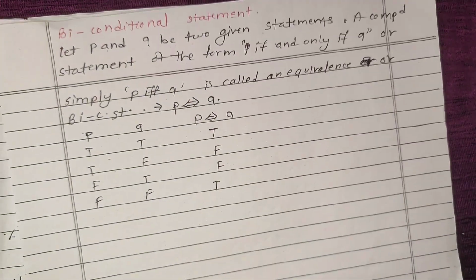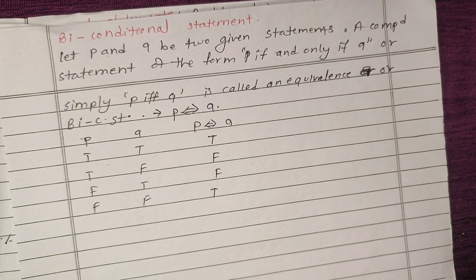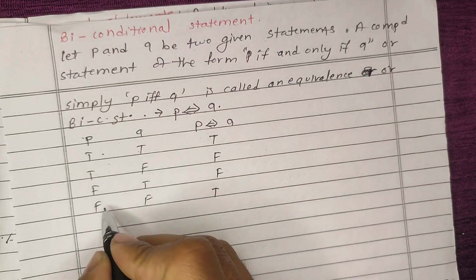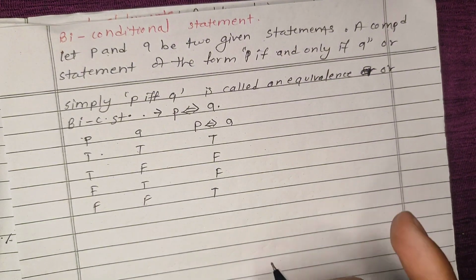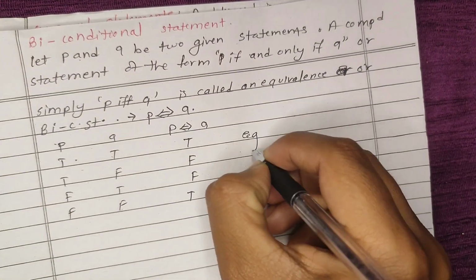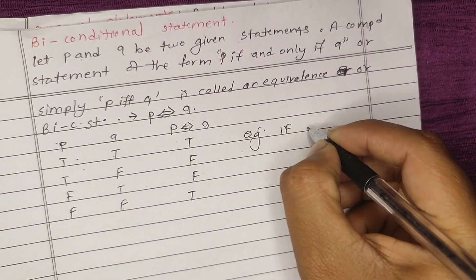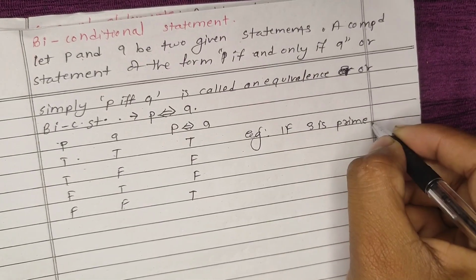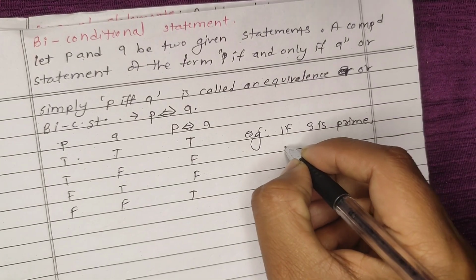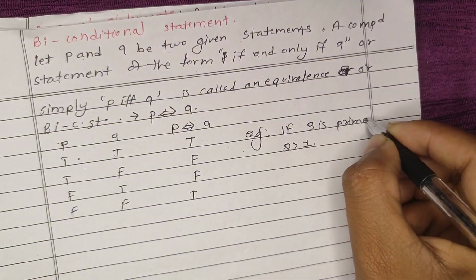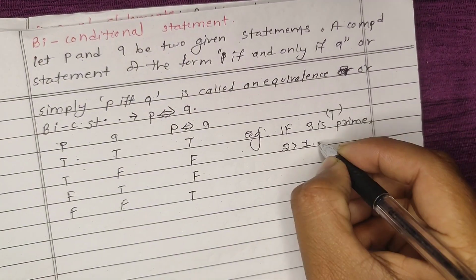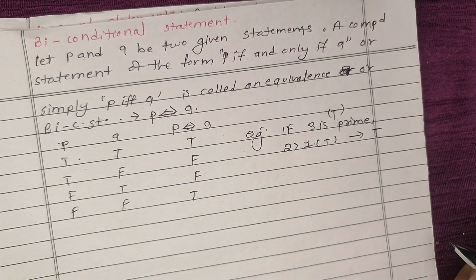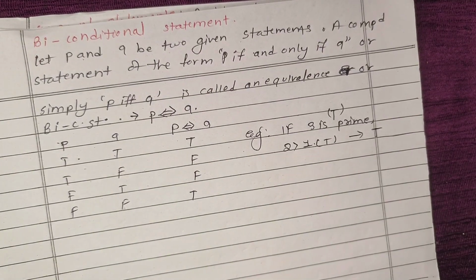It is true only when both statements are of the same kind: both true, then it is true; both false, then it is also true. An example: if 3 is prime, then 2 is greater than 1. Both are true, so the value is also true.